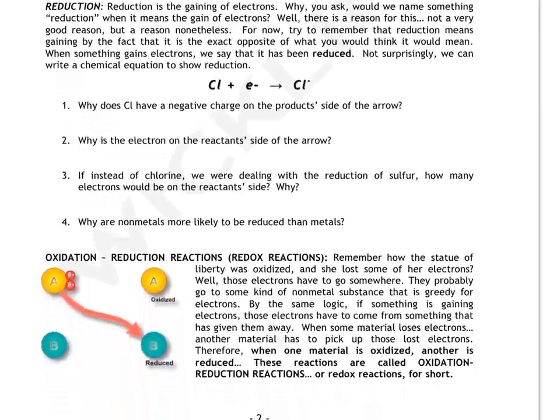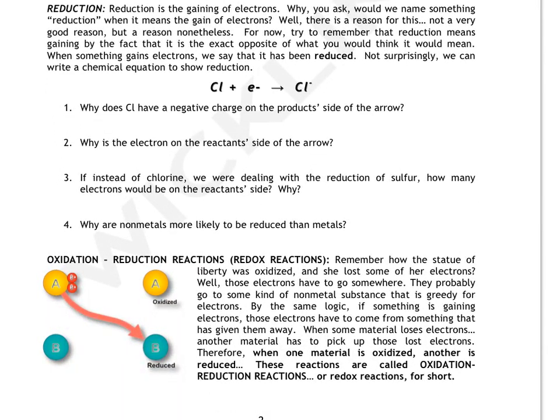Okay, so earlier I had mentioned that when a substance loses electrons, it can't do that in a vacuum, that it has to lose it to something else. So that's where reduction comes in. Reduction is when a second substance accepts the electrons of the first substance that was oxidized. So reduction is the gaining of electrons.